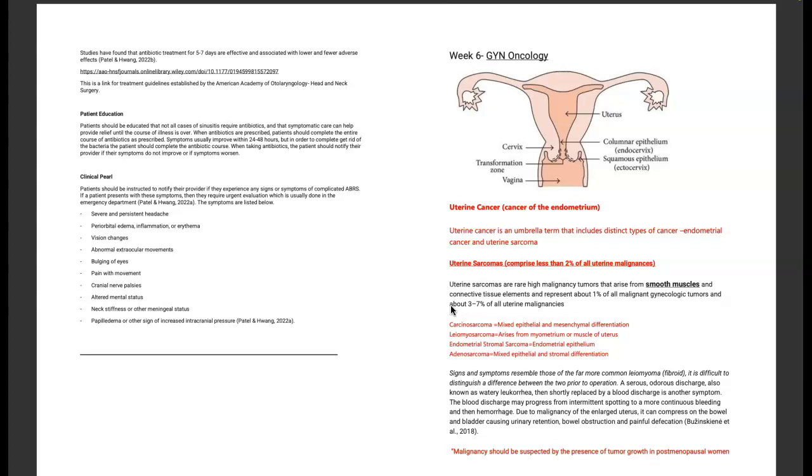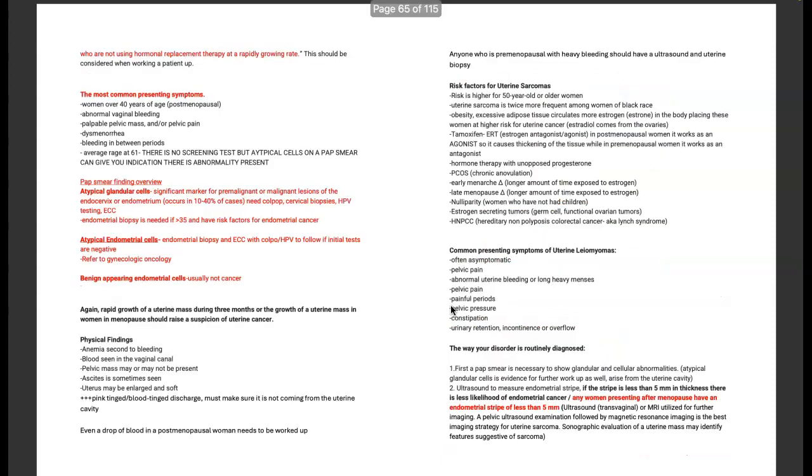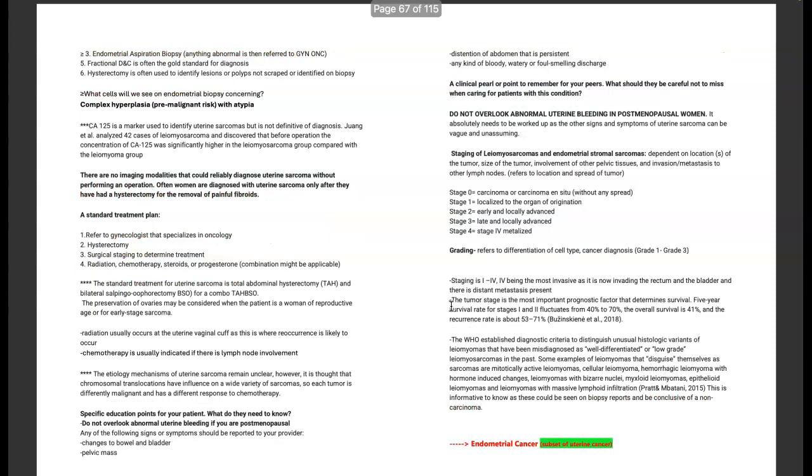And then we moved on to week 6, which was GYN oncology, and I included uterine cancer, uterine sarcoma, common presenting symptoms, what we would find in a pap smear that would be indicative of atypical glandular cells, risk factors for uterine sarcomas, how we diagnose these sarcomas, common presenting symptoms.